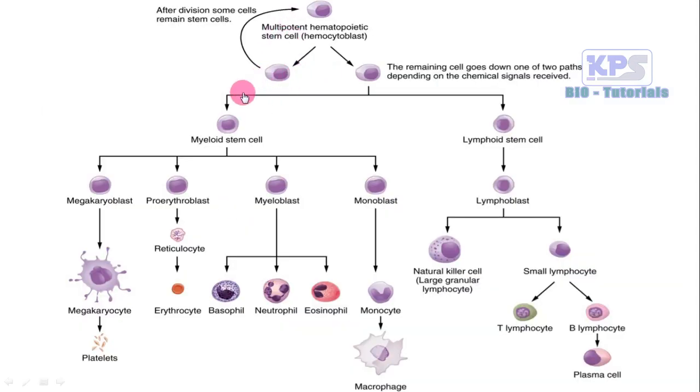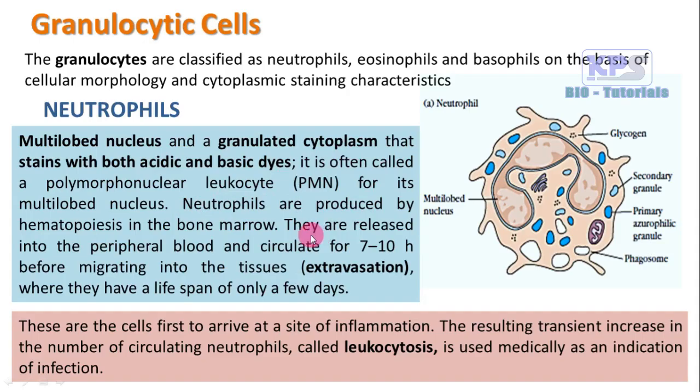These neutrophils are produced by hematopoiesis in the bone marrow, as we discussed earlier. As a result of hematopoiesis, the neutrophils are developed from the myeloblast cells, and they are released into the peripheral blood and circulate for 7 to 10 hours before migrating into the tissues. So just like in the case of monocytes, as we already discussed, these neutrophils are released into peripheral blood and circulate for 7 to 10 hours.